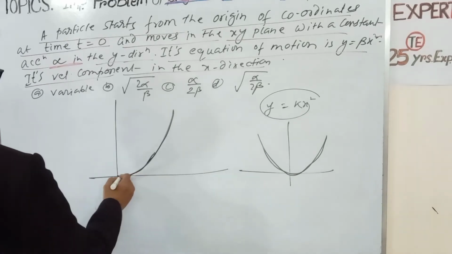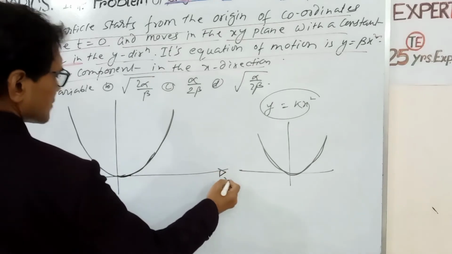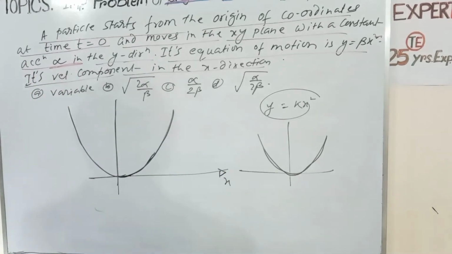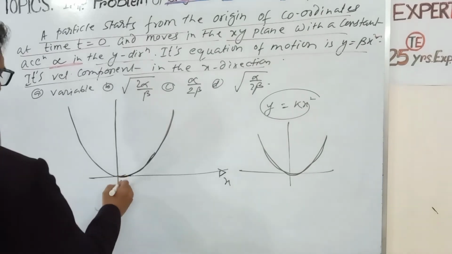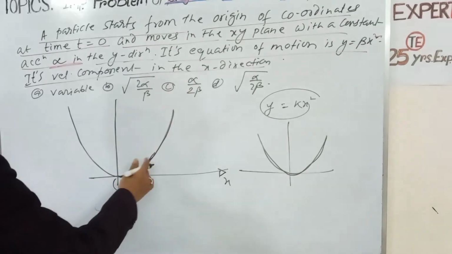So this is the path of the particle and it starts from this, and its equation of motion is y equal to beta x square.